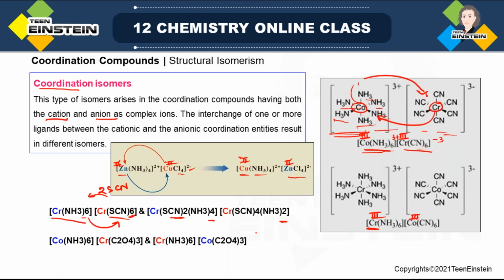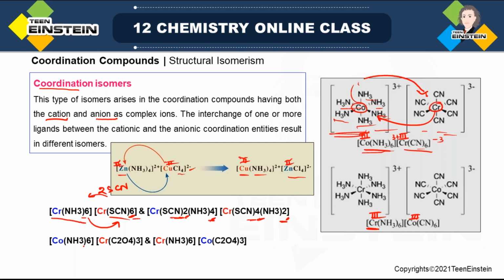From 6 SCN, the anionic part is reduced to 4 SCN, and where there was no ammonia before, there are now 2 ammonia. But the coordination number is the same, because it is 2 and 4, and this is also 4 and 2. So it is 6, that is an octahedral complex.